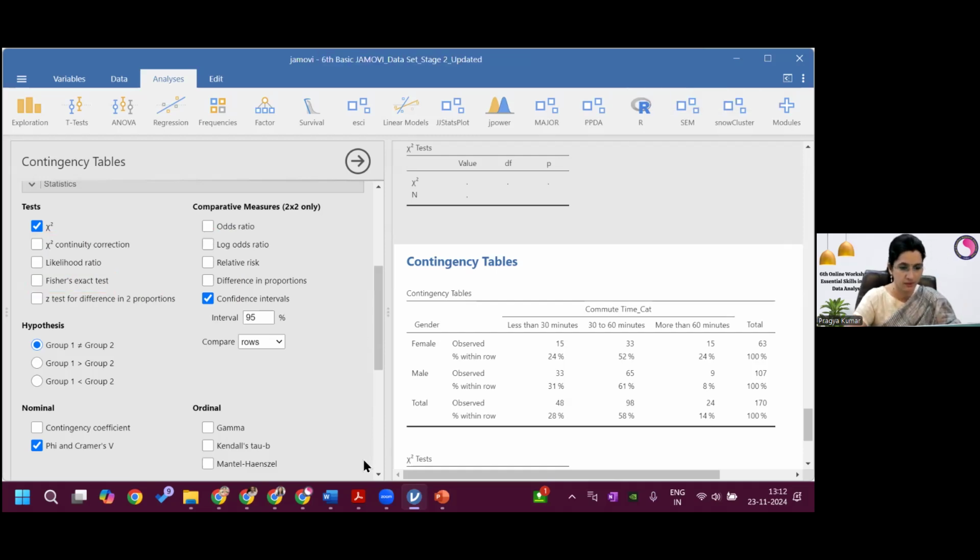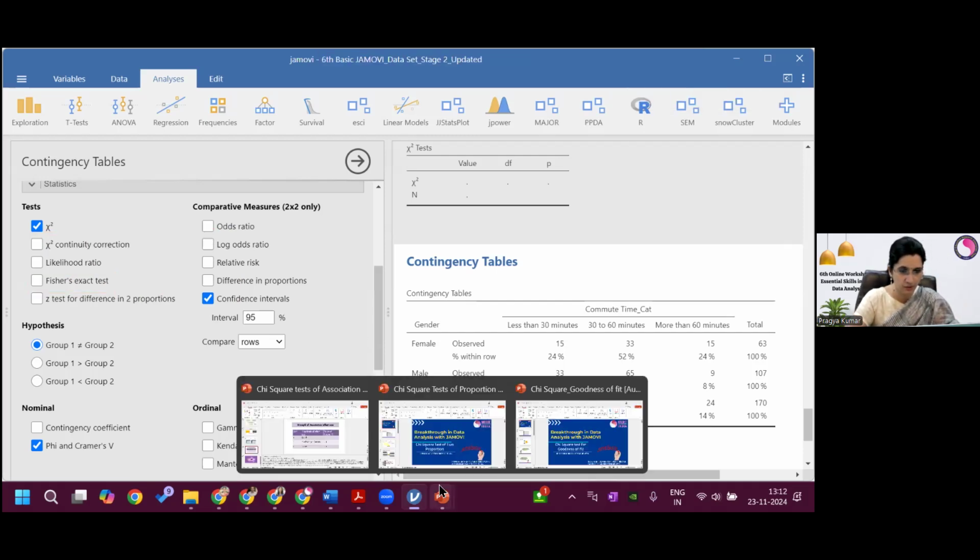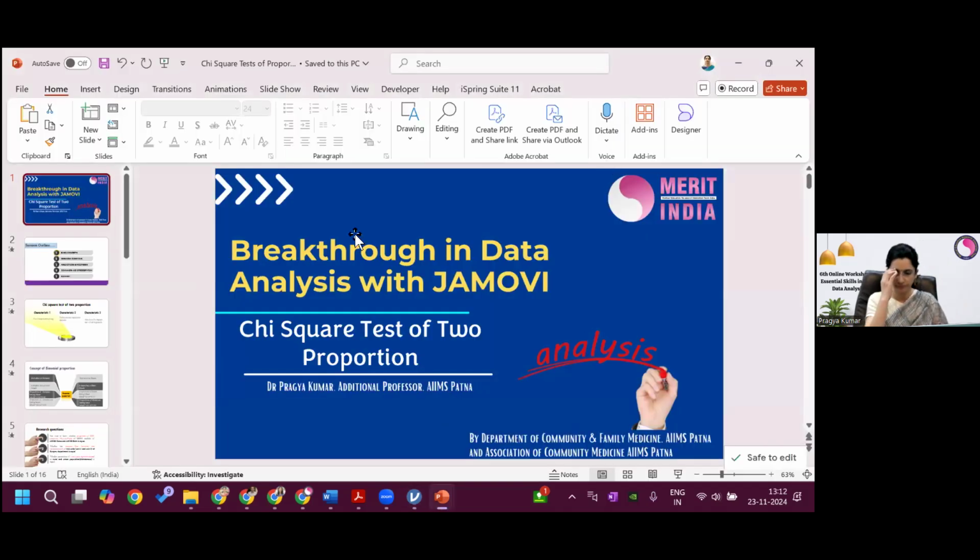So now coming to the other session, that is on the chi-square test of two proportion. Generally, this can be done if the sample is less than 30.